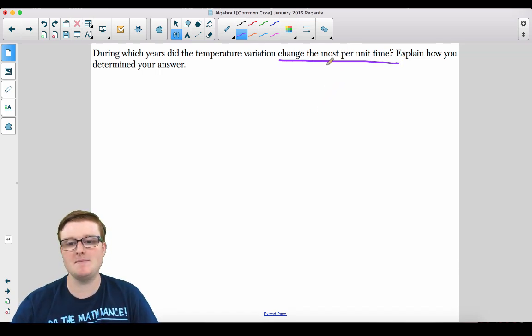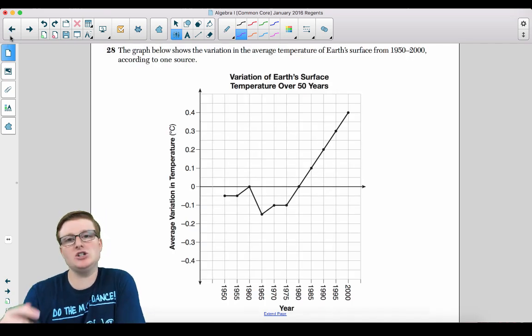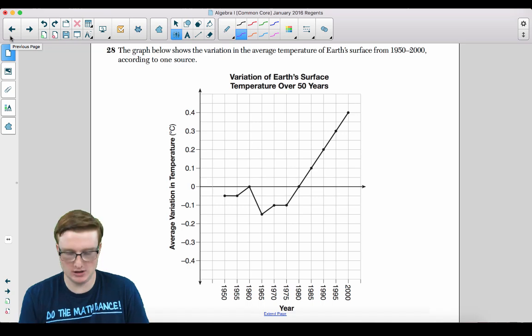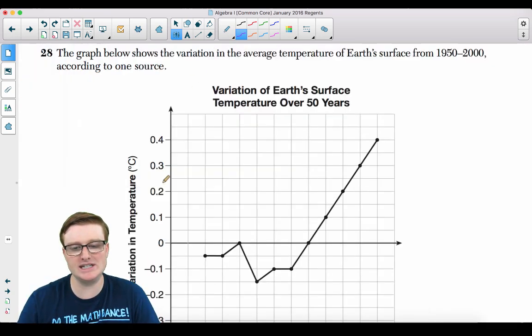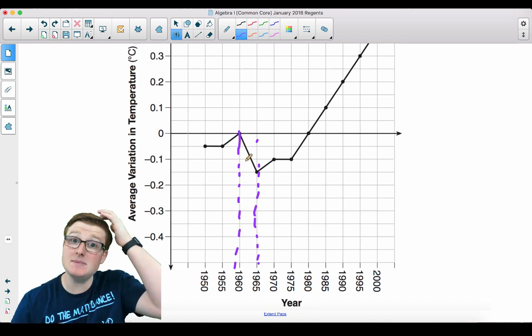So they're basically saying change the most. They're talking about slope. Well, where did it change the most? Now, change the most doesn't necessarily mean positive. It just means changing the most. And it looks like it did a really large dip from 1960 to 1965. It looks like this is the steepest slope.